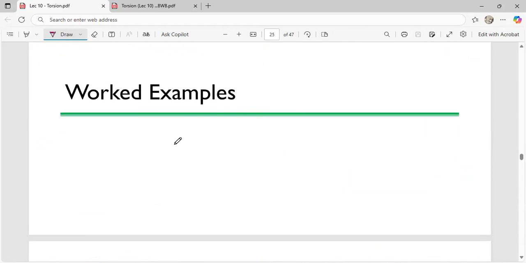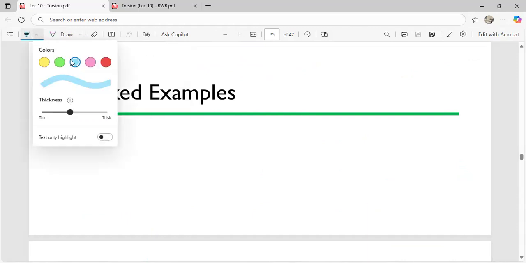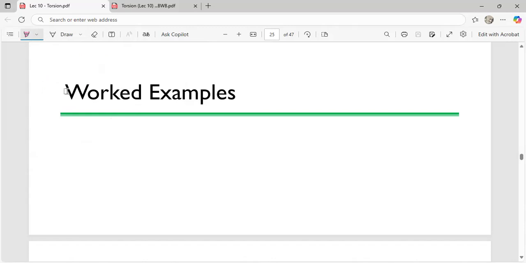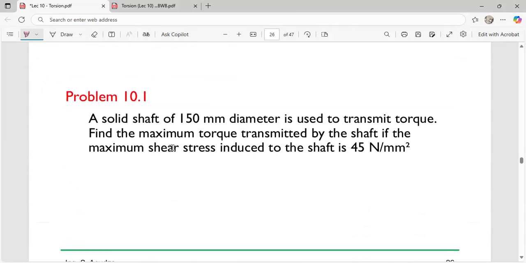We are only coming to do some worked examples, so that we see how, if a question is given, we can apply that to make life better. The first problem says that a solid shaft of 150 mm diameter is used to transmit torque.